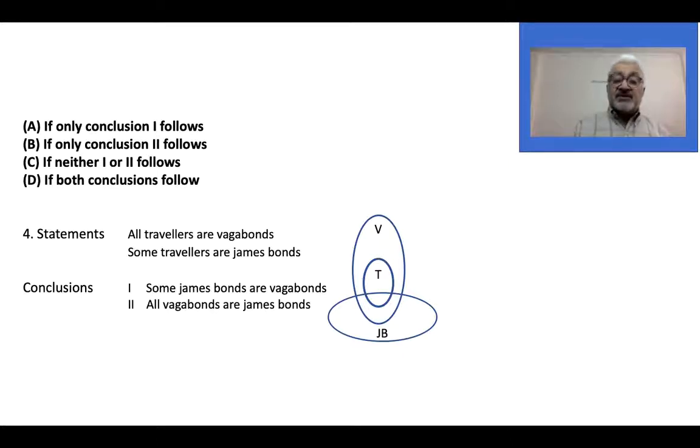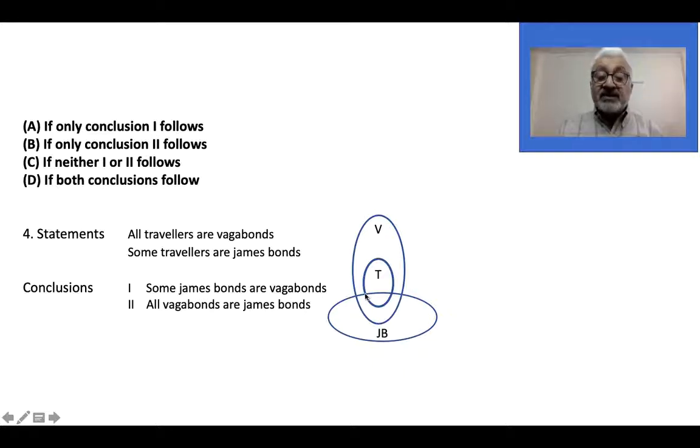Now, where are travelers? Travelers are inside vagabonds, all right? So, are we sure that travelers are overlapping with vagabonds? Yes, because this circle of travelers is also a part of vagabonds. So, there is a connect between travelers and vagabonds. Now, he also said that some travelers are James Bond. So, travelers and James Bond also have a connect. Therefore, we are referring to this part of travelers with James Bond.